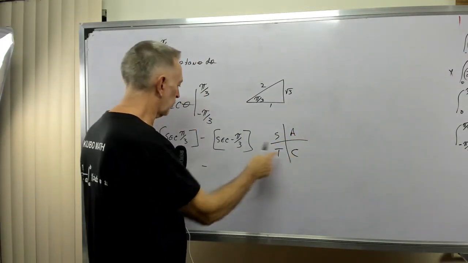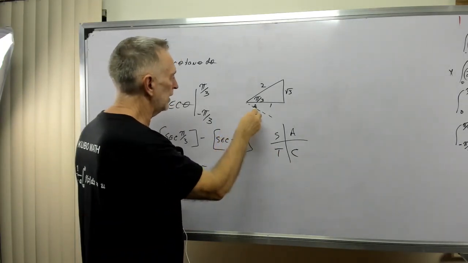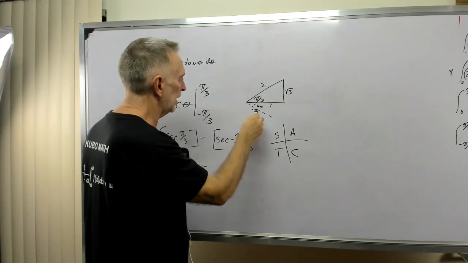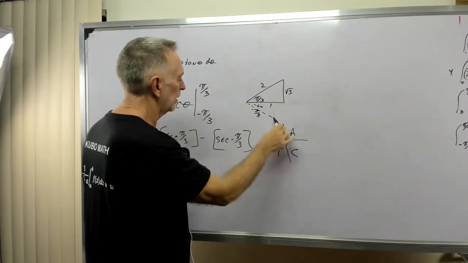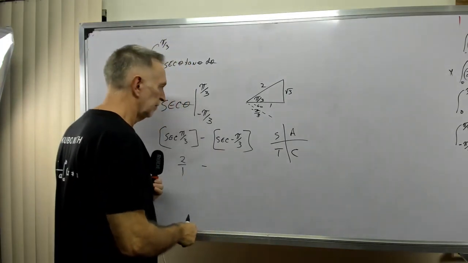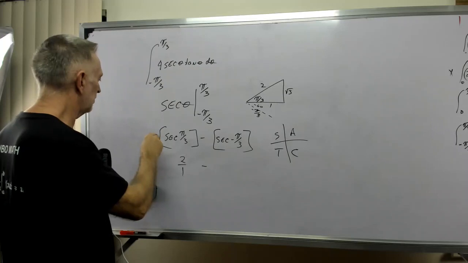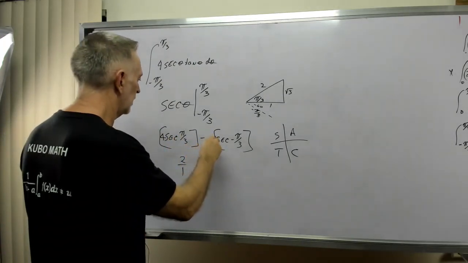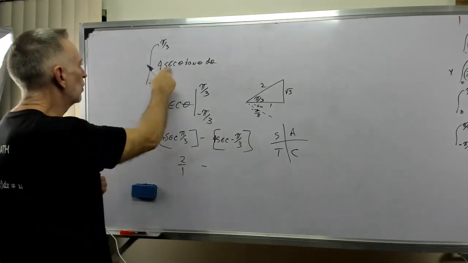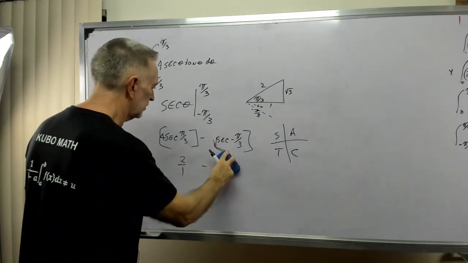If you're in the 4th quadrant, which a negative 60 or negative pi over 3 would be, cosine is still positive. So this is positive also. Oh, and I forgot my 4 here. Sorry, 4 secant this. I just noticed that.